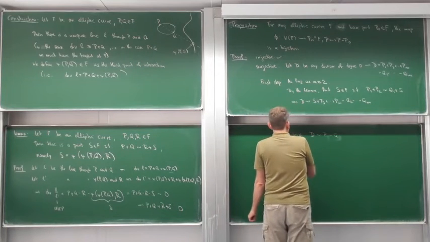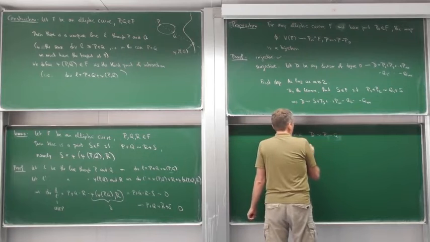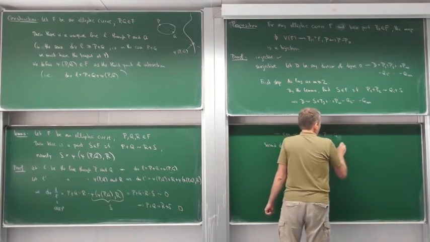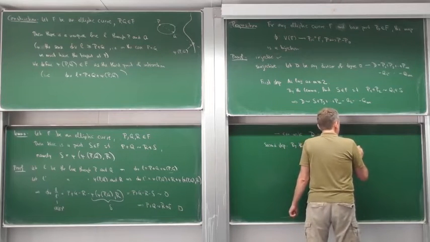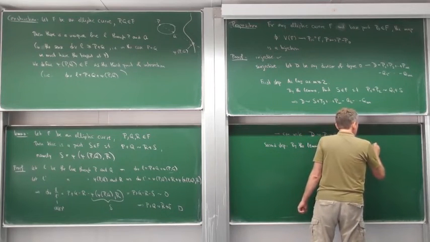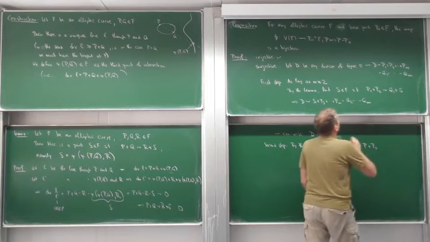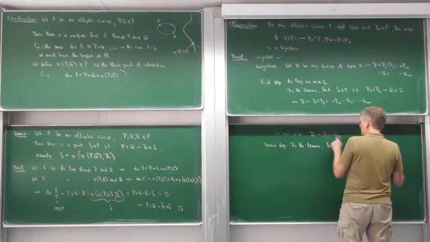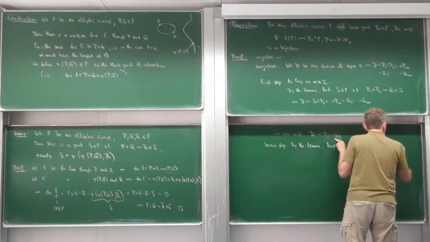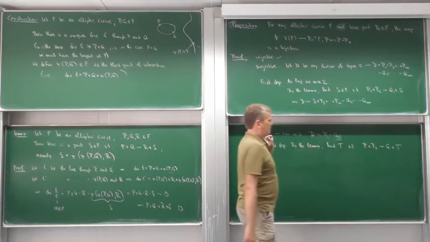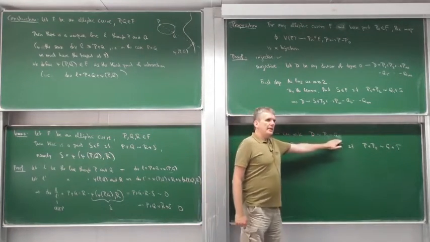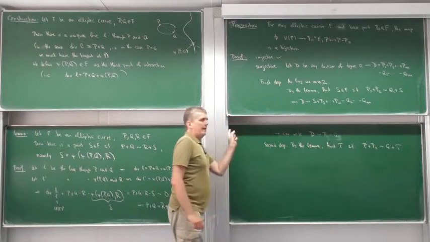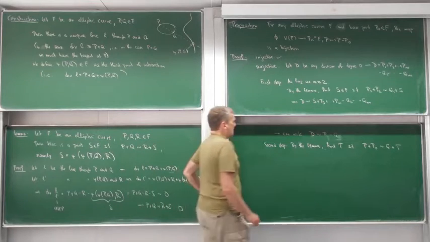So again, by the lemma, we find the point T now such that, and what we want now is that P plus P0, so our base point that we want to have there, is linearly equivalent to Q plus T. Right, so we have 3 given points, so the P and Q in the divisor, and a P0 that we want, and then there will be a point T like that.